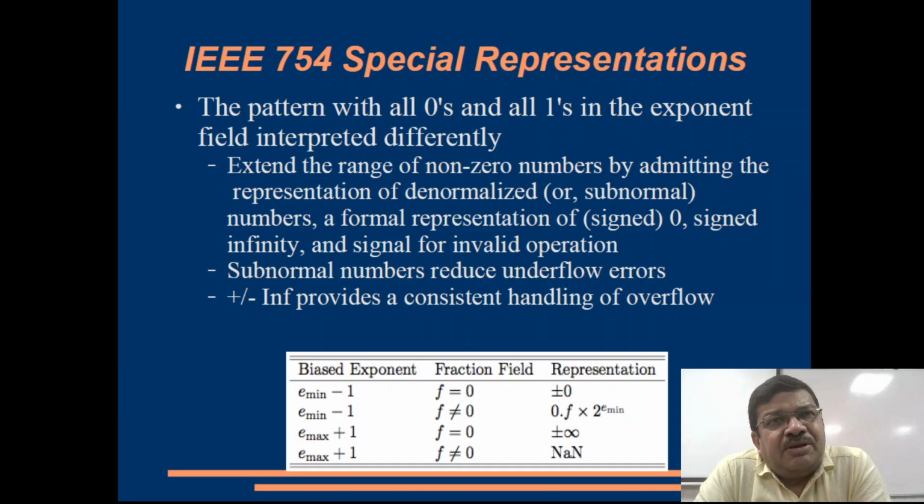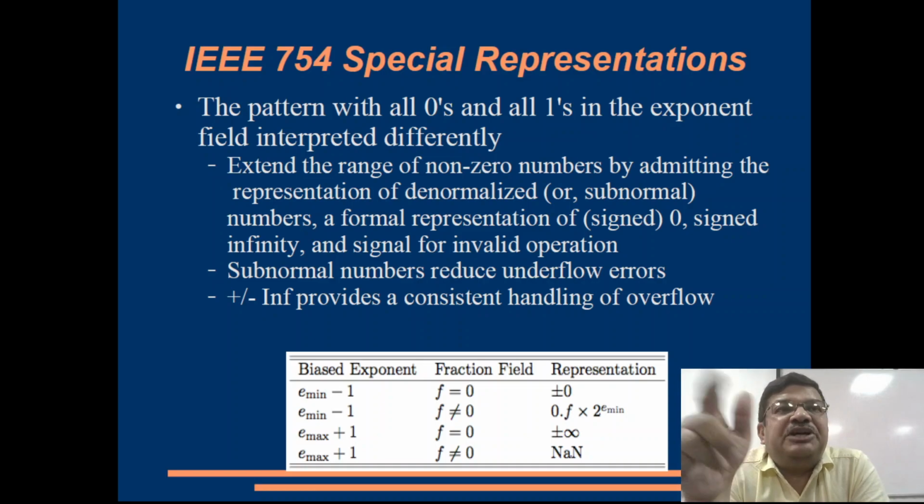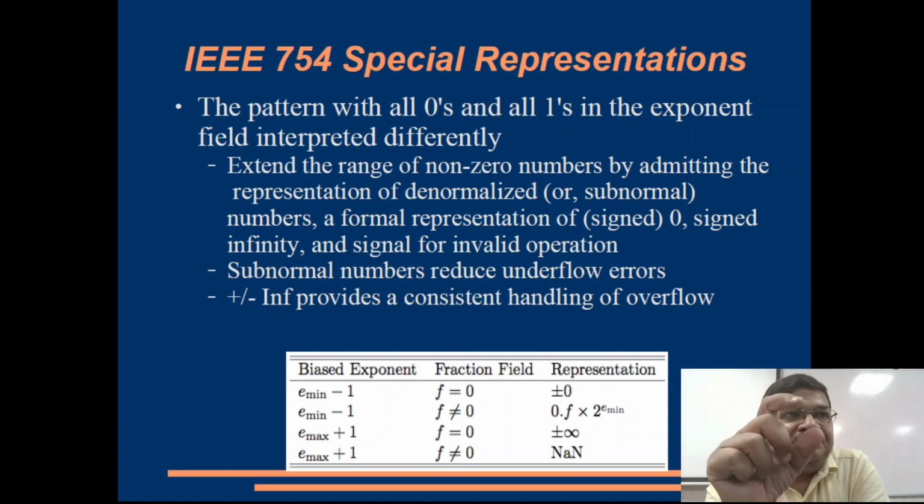So what happens when the fractional field is not 0? That is a placeholder we assume for a special representation when the exponent field is all 0 but the fractional field is not identically 0. We consider that to be a special representation where the whole part is 0. So the number is interpreted as 0.f, whatever the fractional field corresponds to, multiplied by 2 raised to the power of the minimum exponent.